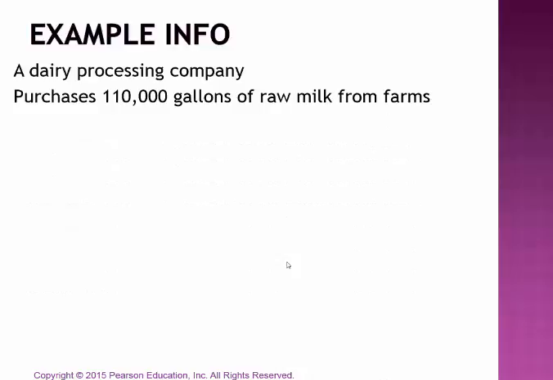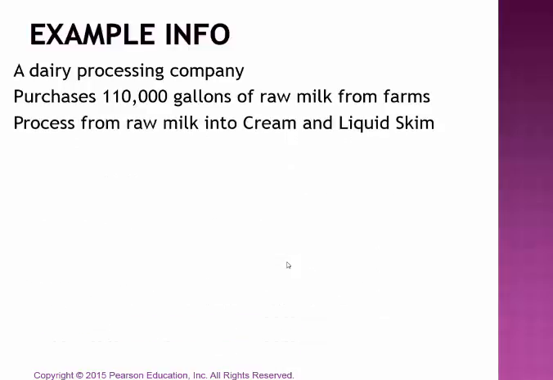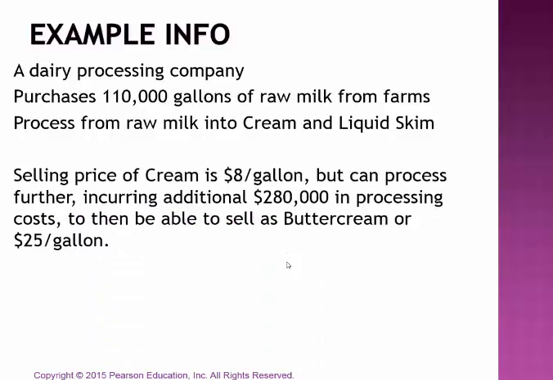All right, so we're continuing use of our example information where we've got that dairy processing company. They bring in or purchase 110,000 gallons of raw milk from farms, and they process it further. So they take the raw milk and they turn it into cream and liquid skim, but they can actually take the cream and process it further.